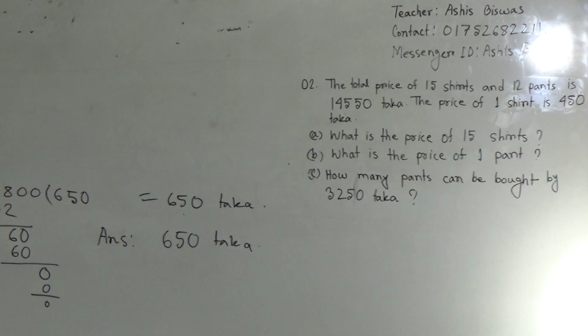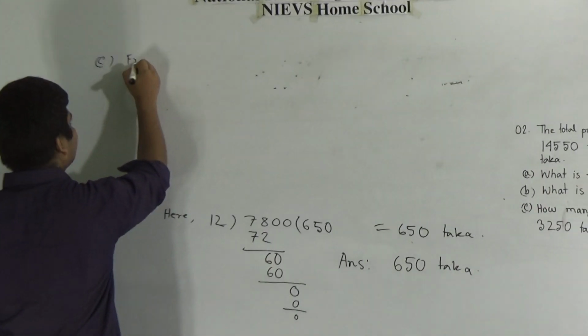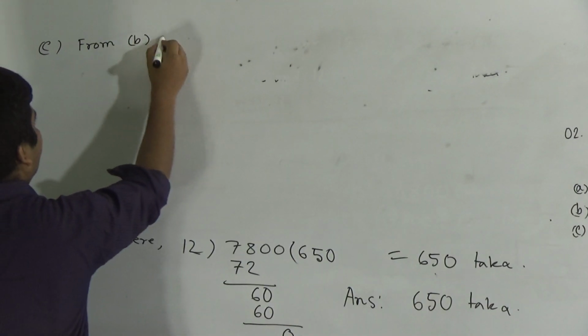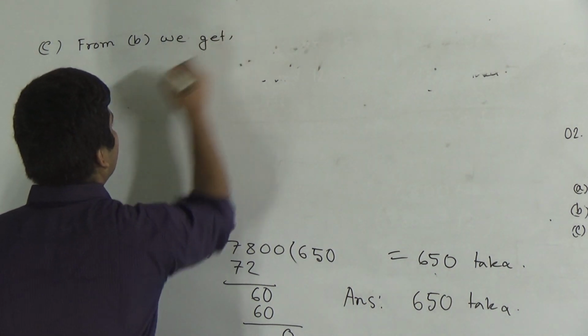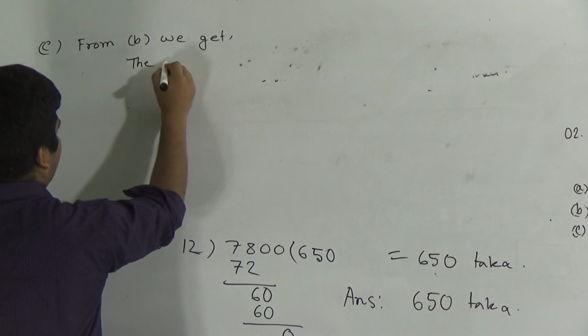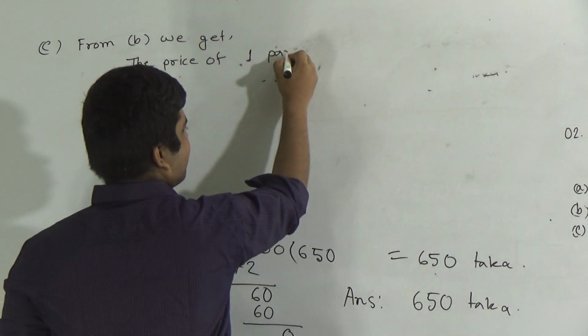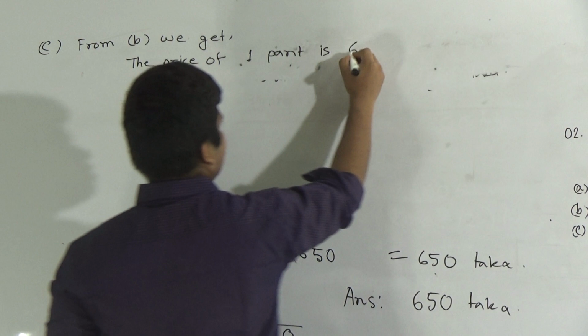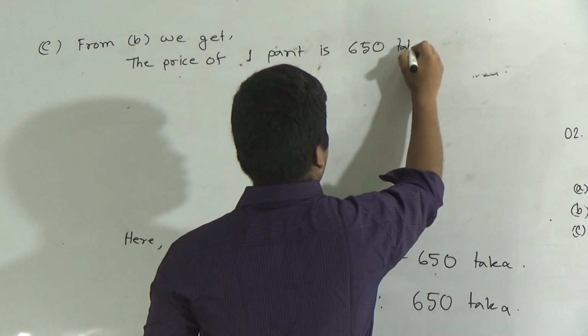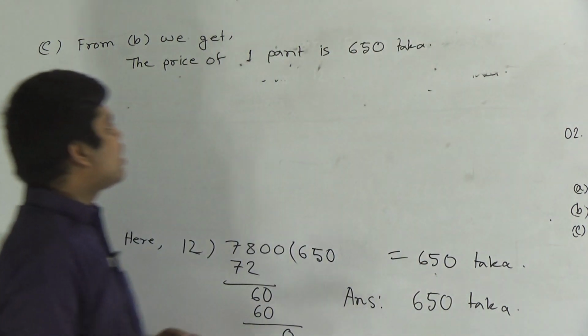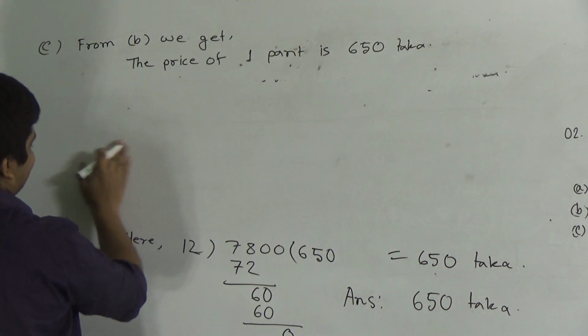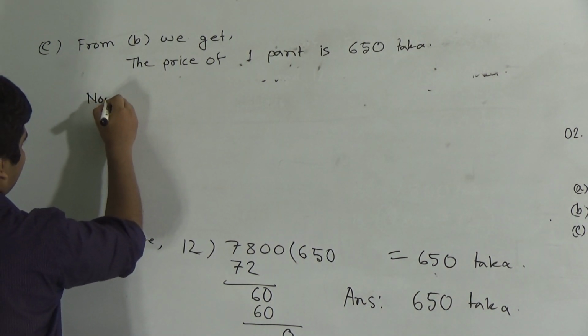So first of all you write: from B we get the price of one pant is 650 taka. So we modify this line just like this.